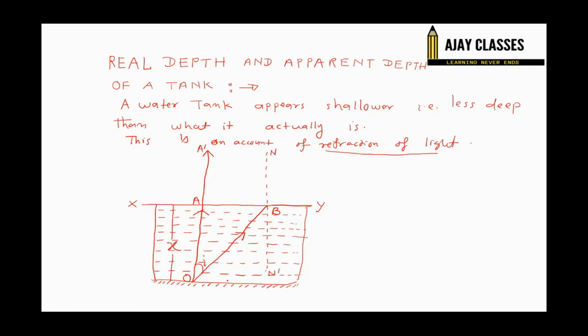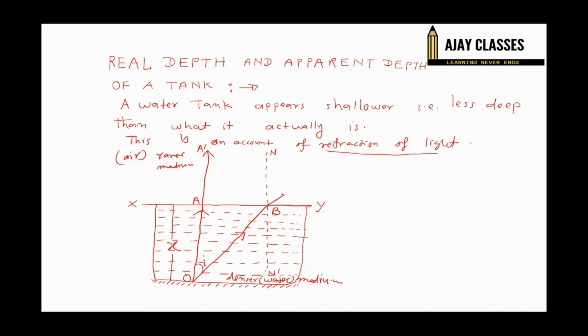Water is taken as the denser medium, and the rarer medium is where the observer is. Light travels from the water medium to the air medium. Rarer medium means here the air medium. So it moves away from the normal.